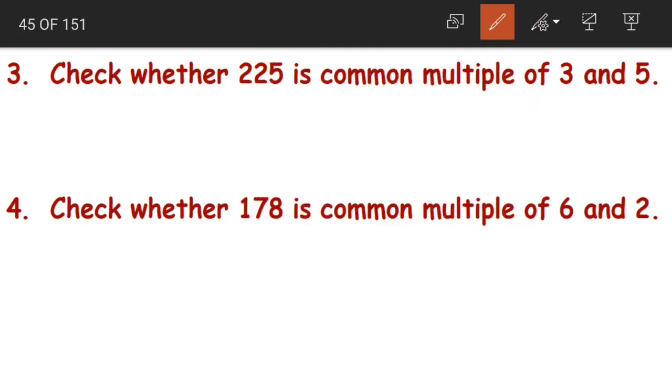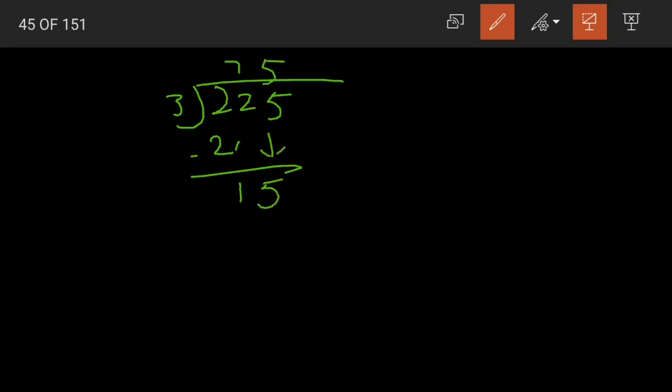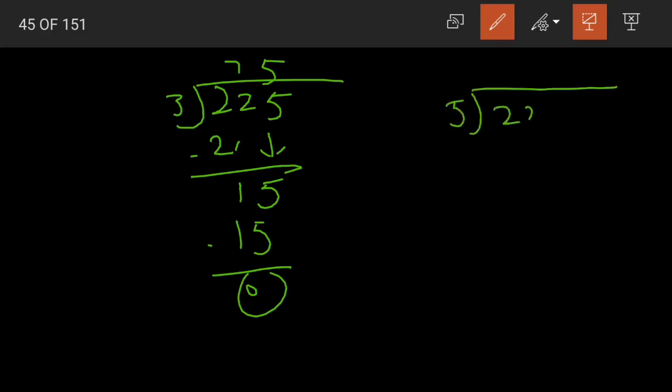Or you can go the regular way, that is first divide it by 3. We have 3 7s are 21. When we subtract, 1 is remaining, 5 brought down. 3 5s are 15. When we subtract, 0 is our answer. The other number was 5. We have 5 4s are 20.